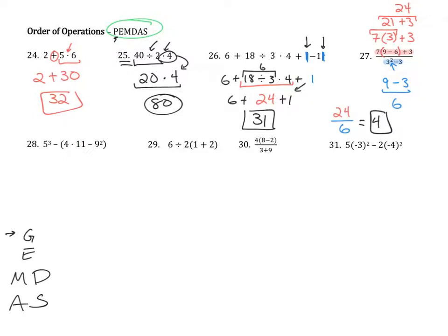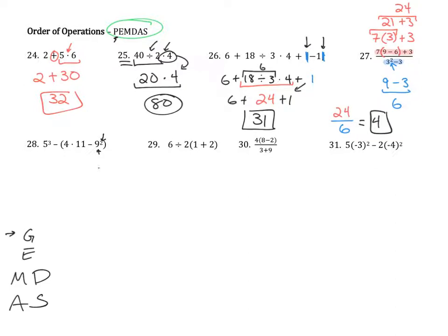No. So we can just jump right down to exponents. So we have an exponent, 9 to the second power. We have to multiply the base this many times. So we would have to multiply 9 times 9 and get an 81.